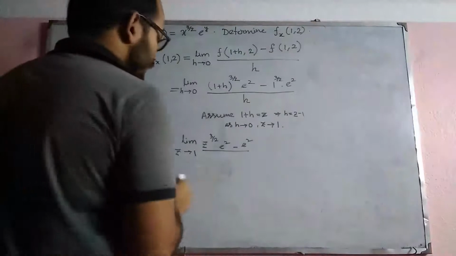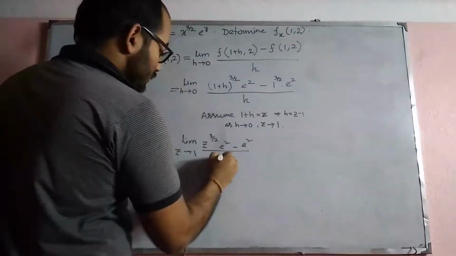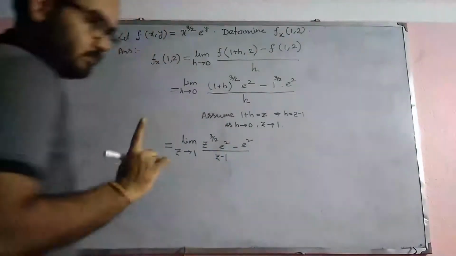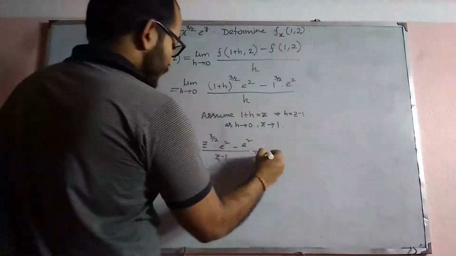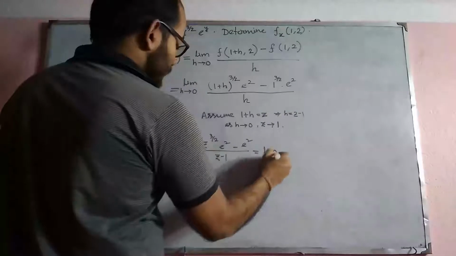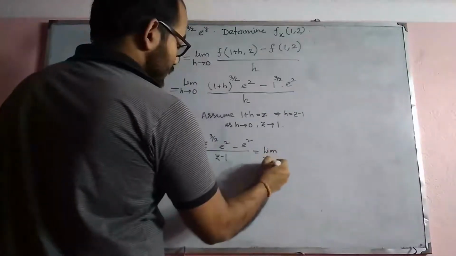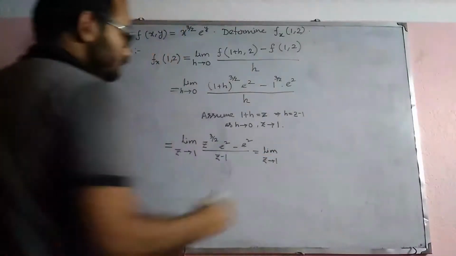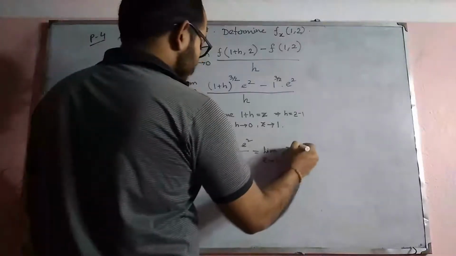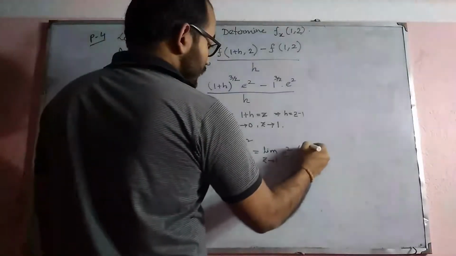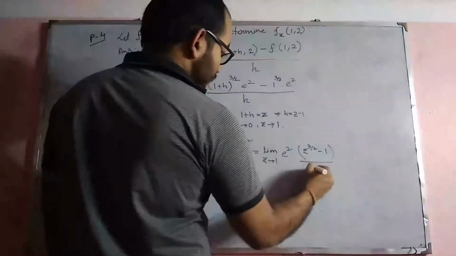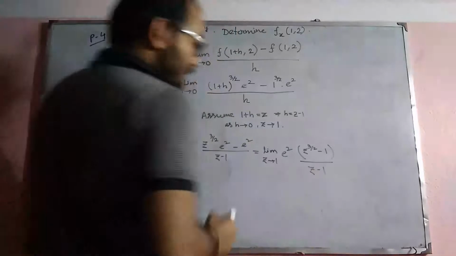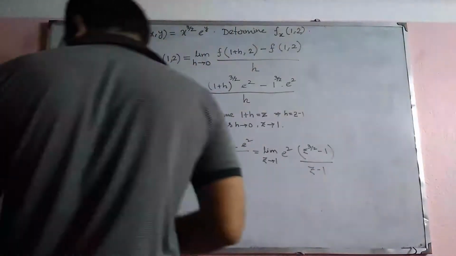So limit z tends to 1 of e square times (z to the power 3 by 2 minus 1) by (z minus 1).